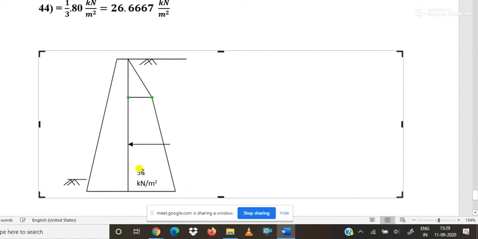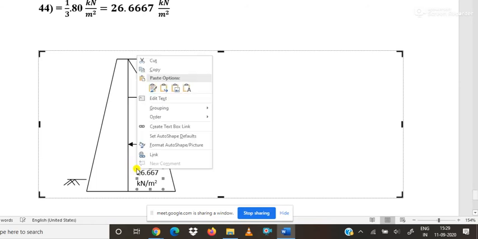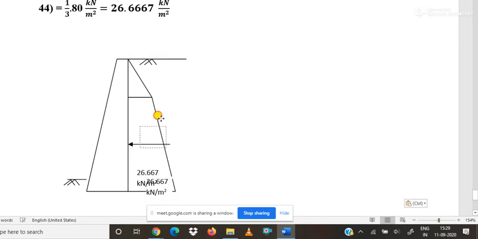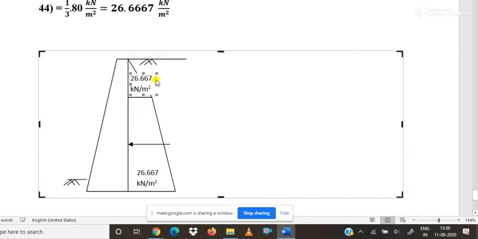This value is 26.667 kilonewton per meter square, and this value is 12 kN per meter square.